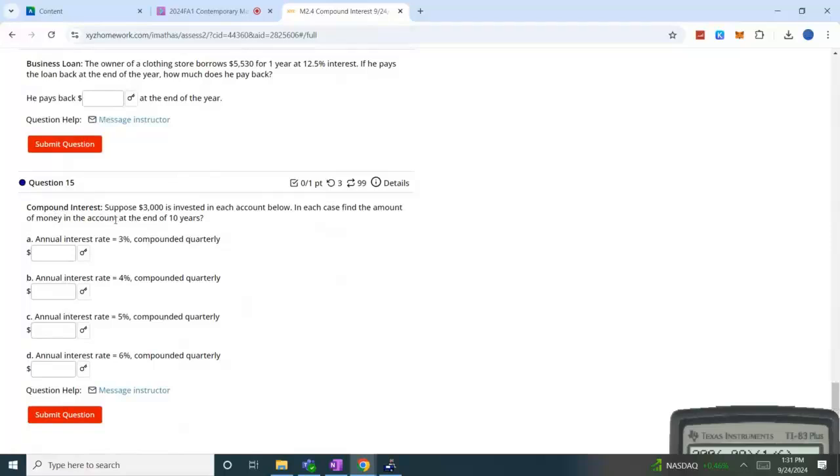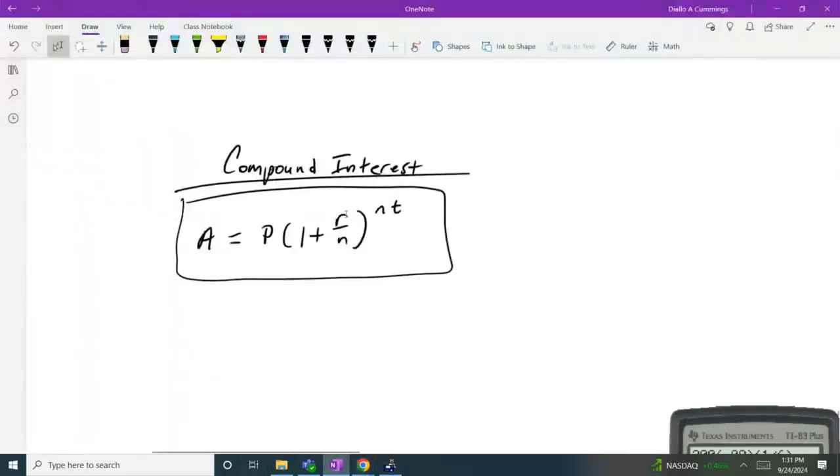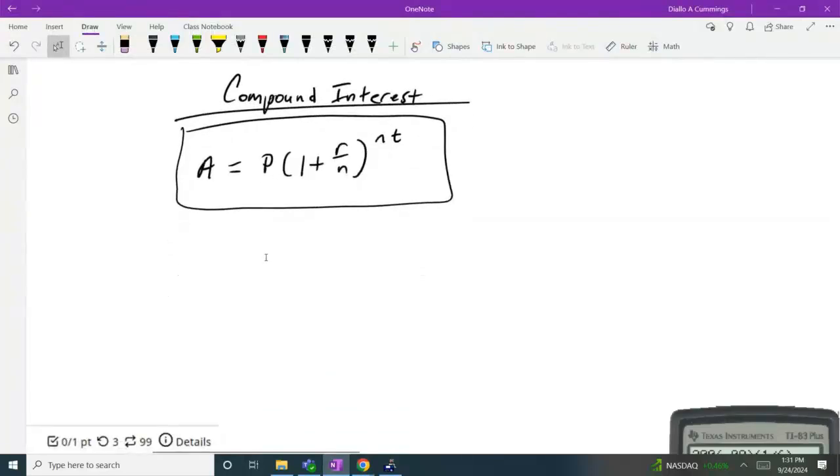Number 15 is a compound interest problem. So if the application is specifically compound interest, this is the formula. Now, the variables are a little bit different here. A is the amount in the account at time t. Notice this formula gives you the amount that's going to be in your bank account.